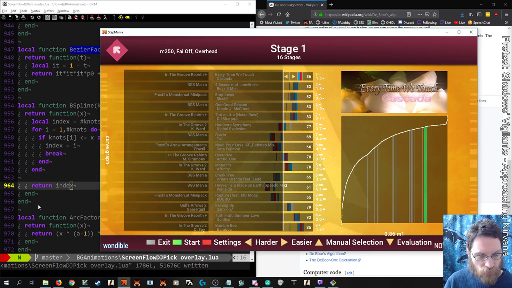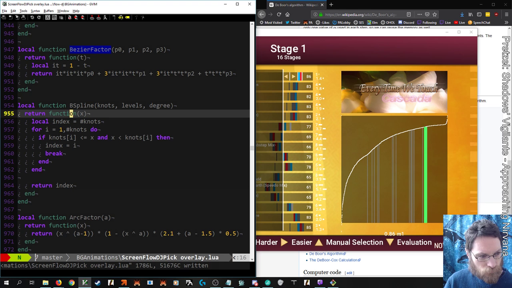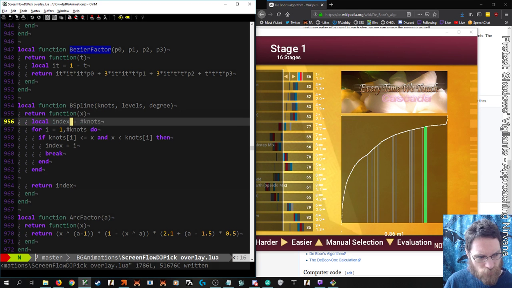Okay, we only ever detect a single index, which probably means number of knots.